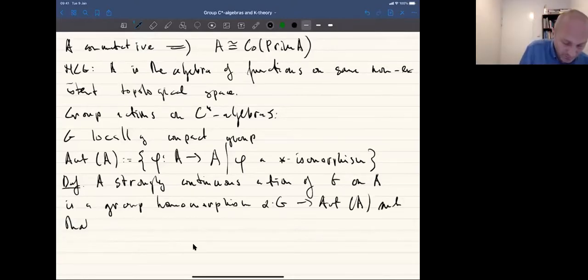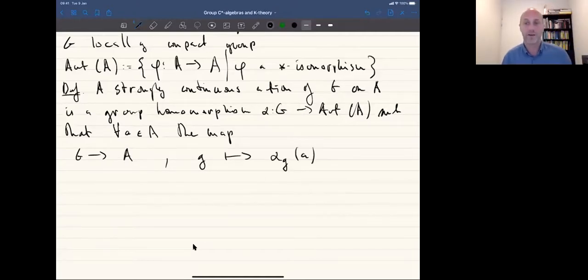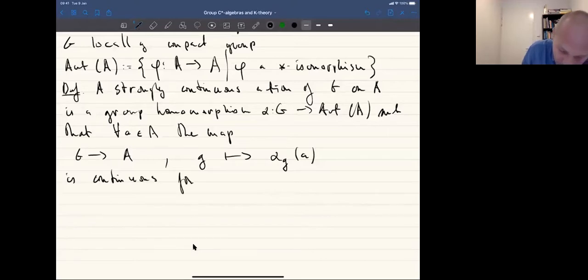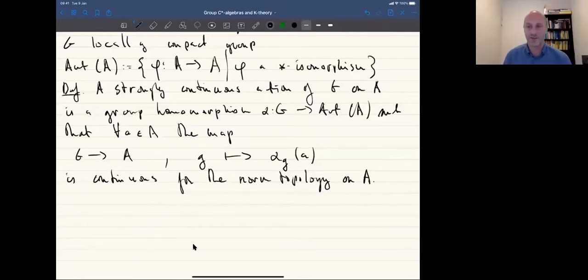such that for all a in A, the following map from G to A that maps g to alpha g of a is continuous for the norm topology on A. This is the kind of actions on C-star algebras that we want to restrict ourselves to.